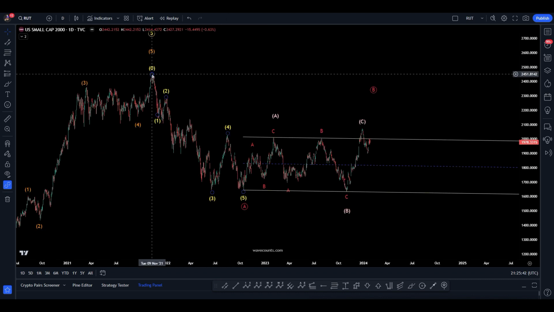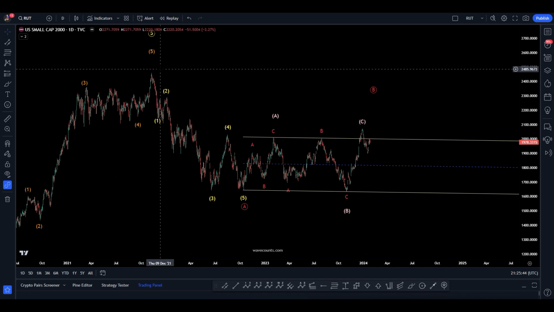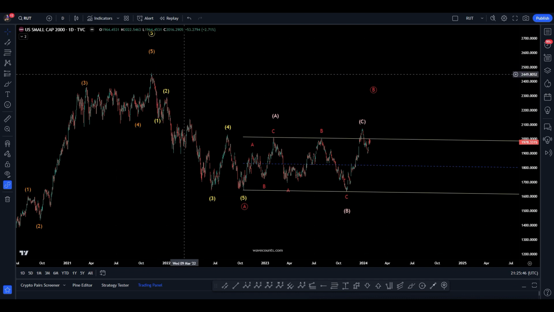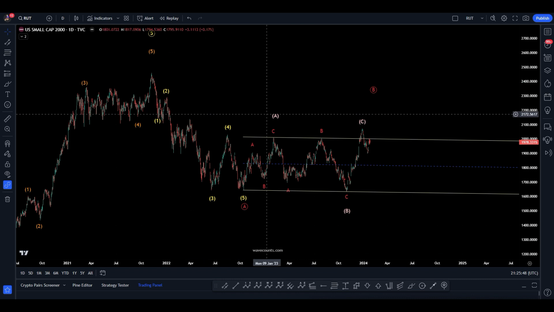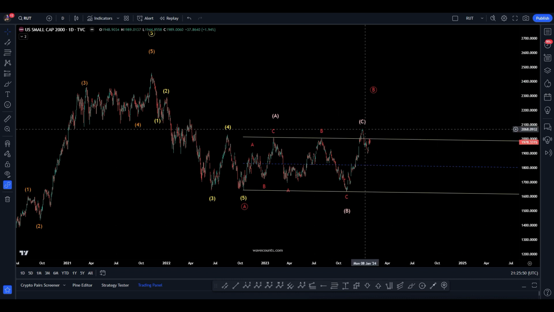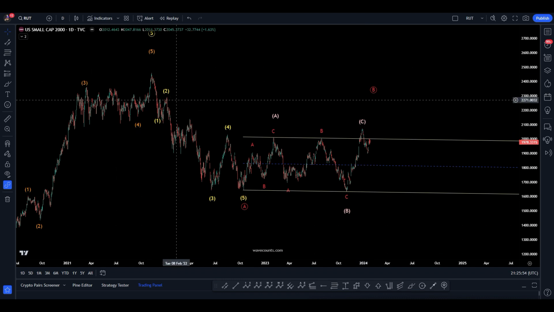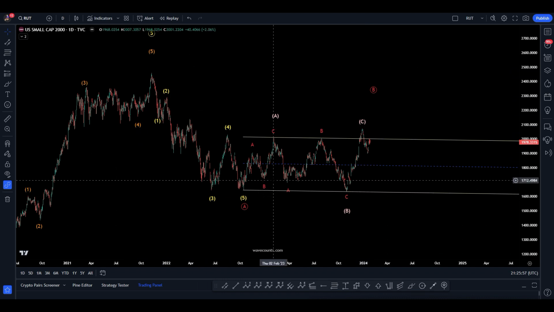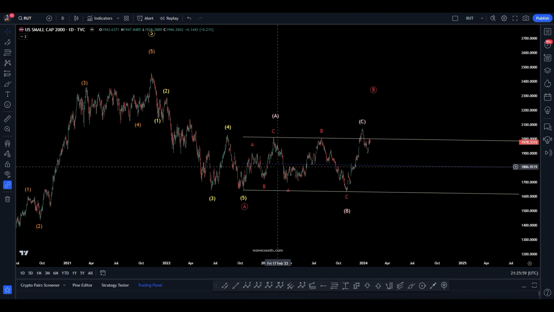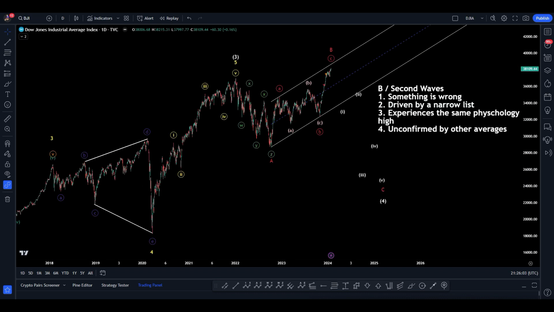We have the same high over here in end of 2021, yet we're only halfway through retracing that move down. Well, those 7 stocks aren't in this index, but they are in this one, and they are in this one.